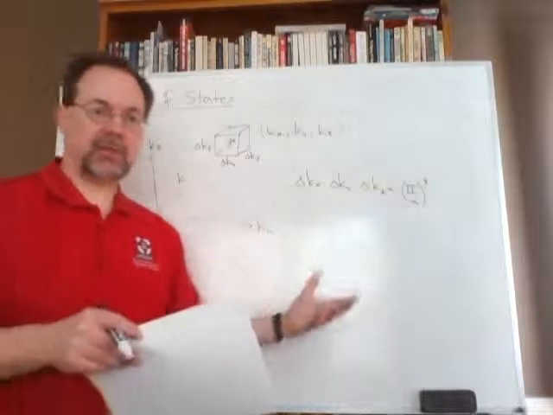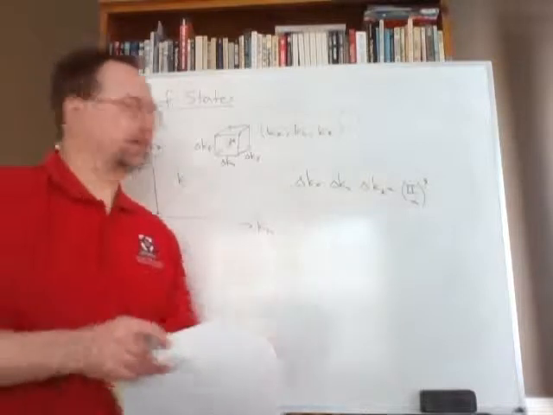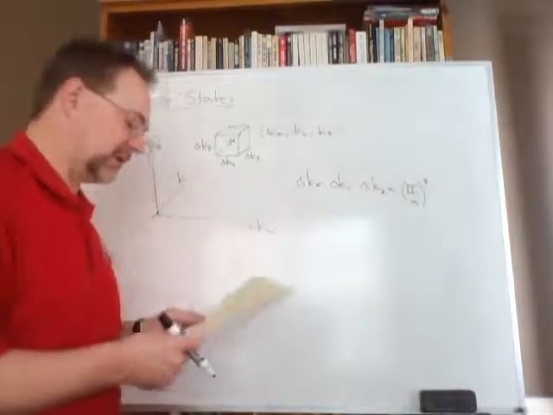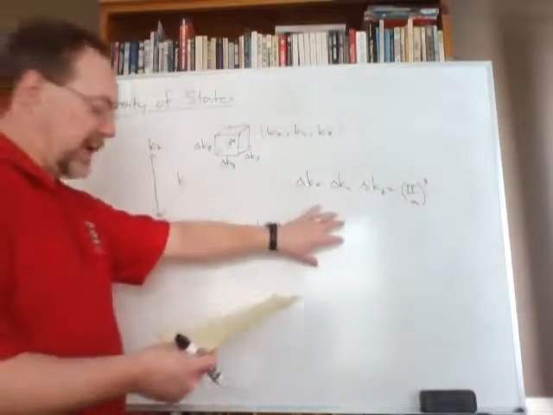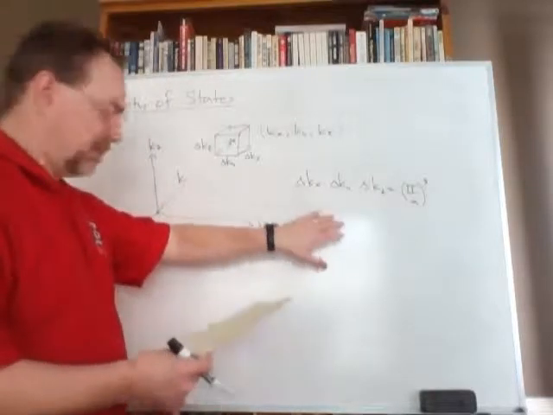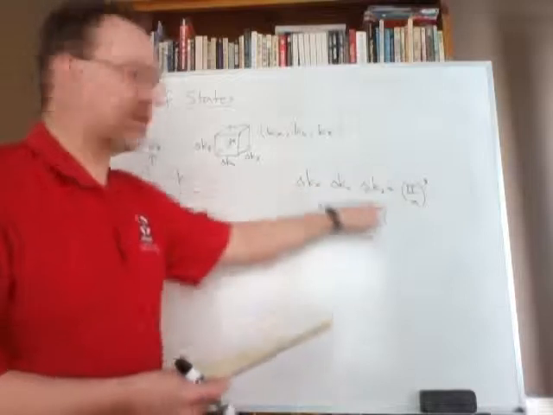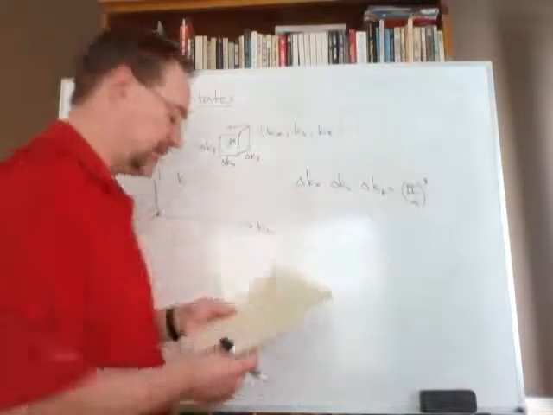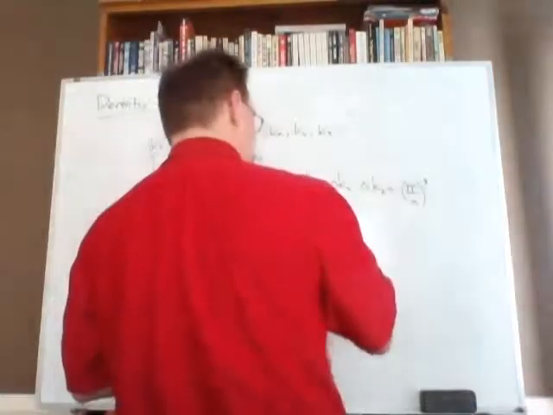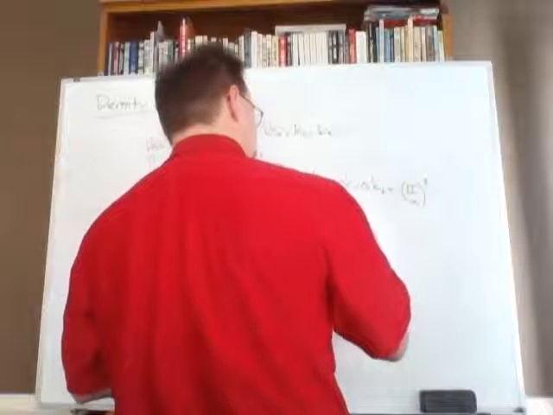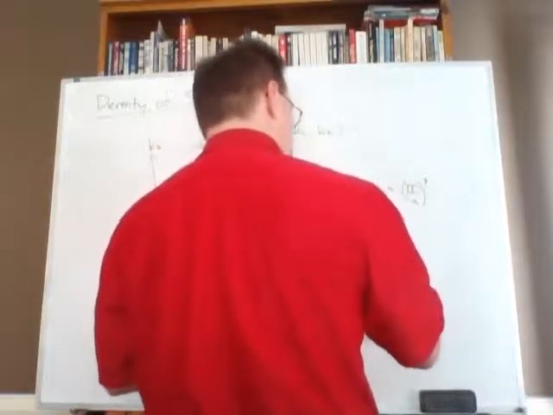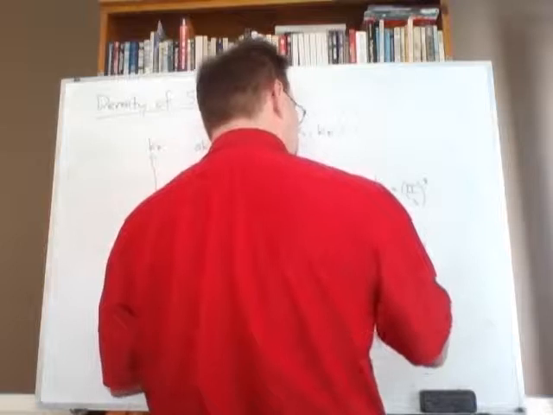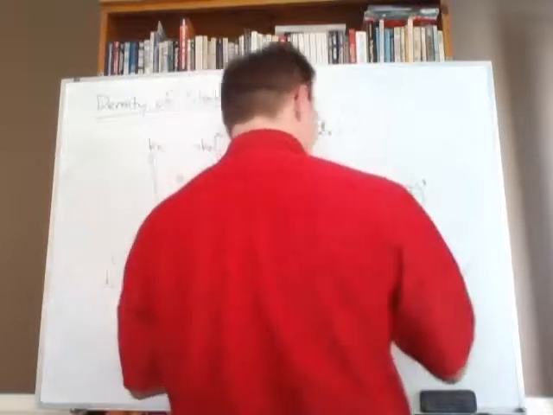But we've assumed it's a cube, so it simplifies things a little bit. So what this means is we have one state per this volume in k space, one state per pi cubed over a cubed.